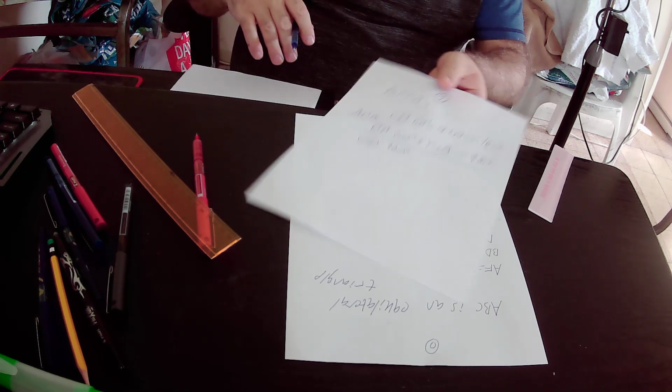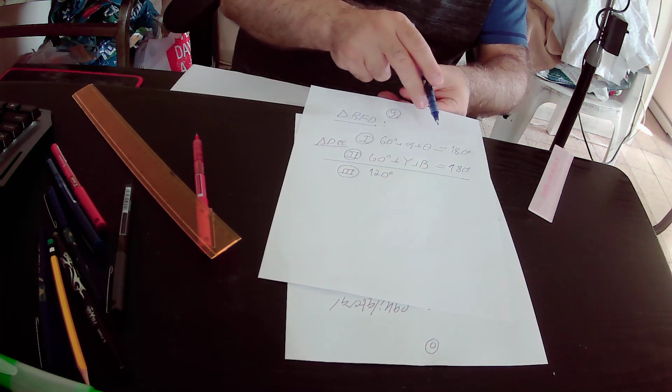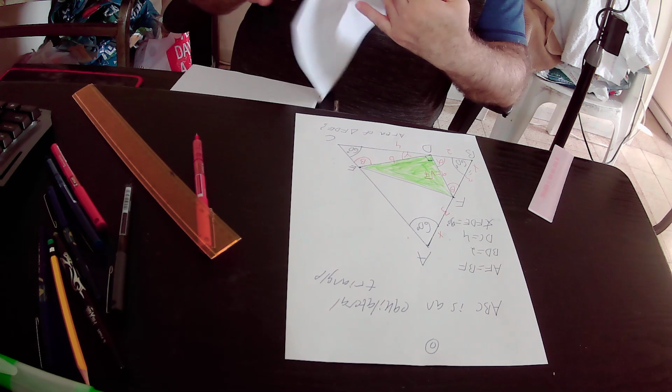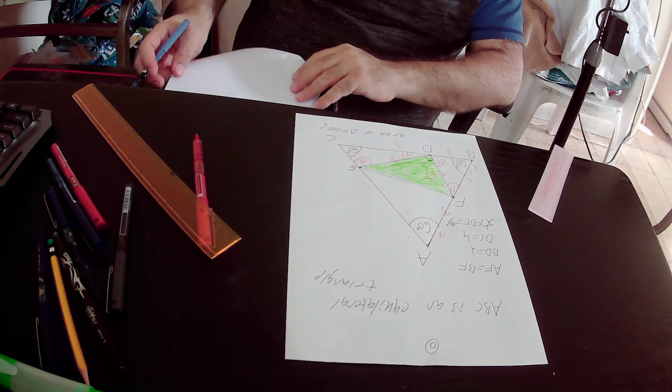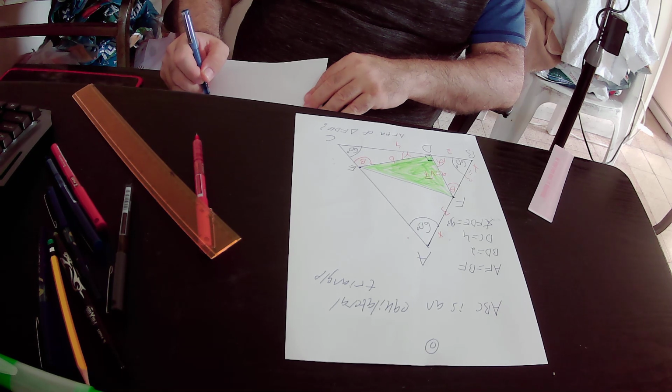And here we add all the angles, we have 4 angles and we add them together. So it will be alpha plus theta plus gamma plus beta.